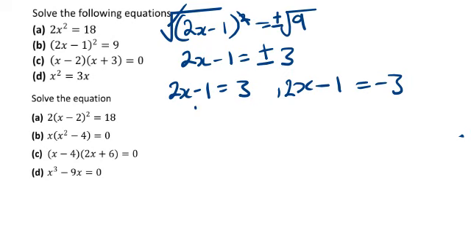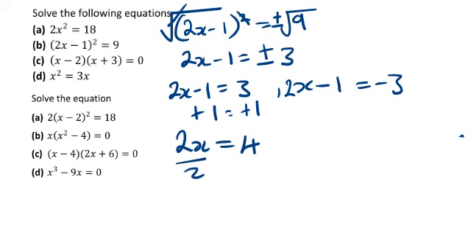So when you add positive 1, negative 1 plus 1 is 0. So we are going to have 2x equal to 3 plus 1, that is 4. Then you divide by 2 on both sides, you're going to have x equal to 4 divided by 2, that is 2.